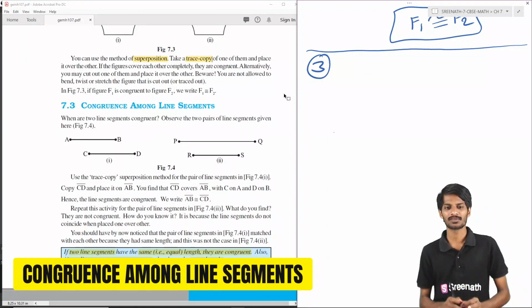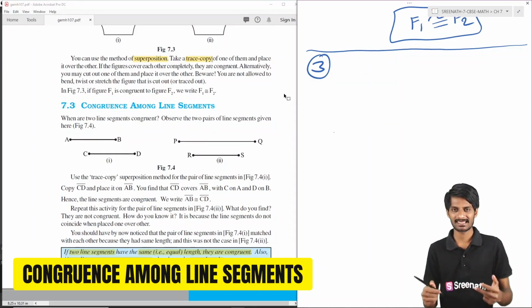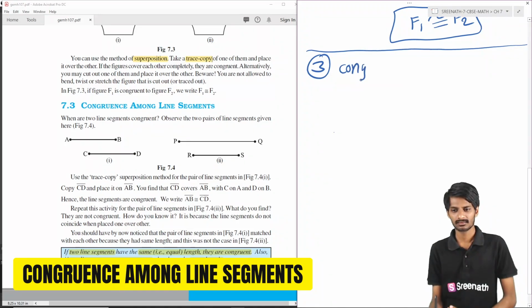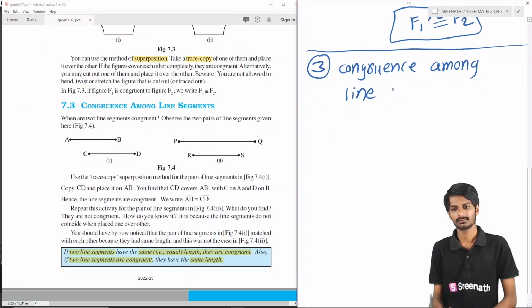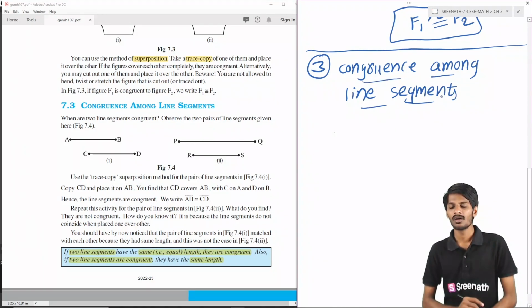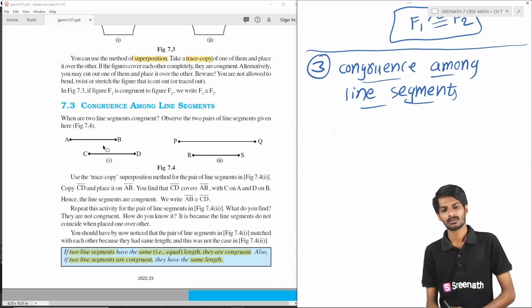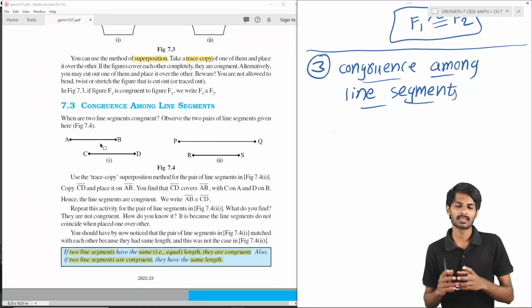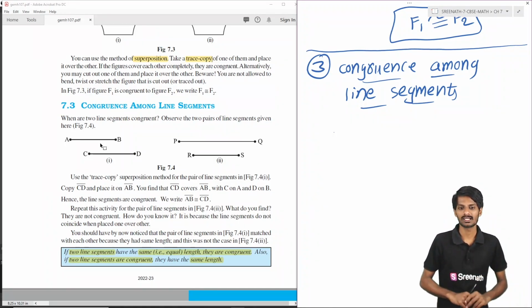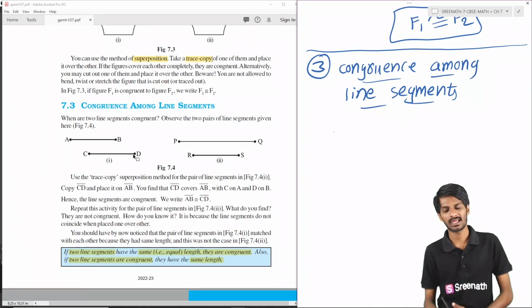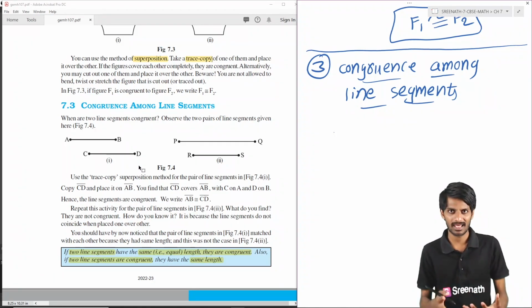Now we are going to discuss congruence among line segments. Students, when are two line segments congruent? There are two figures, and in the two figures there is a pair of line segments. Observe the pair of line segments.